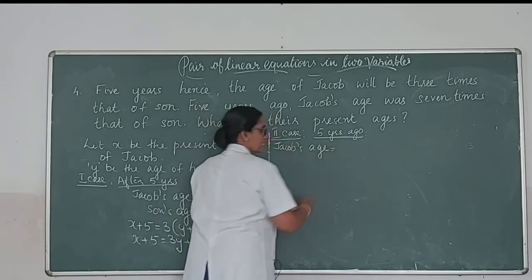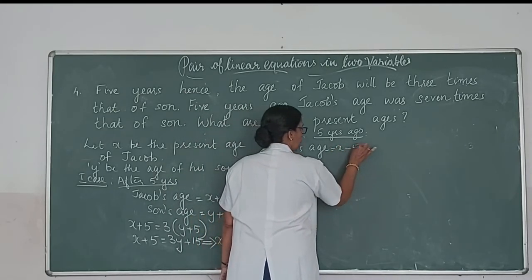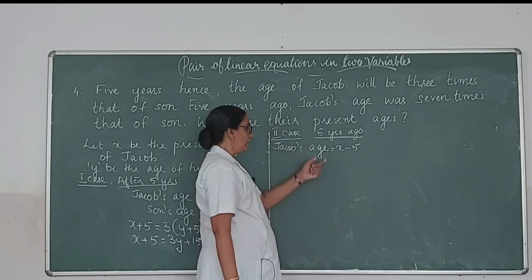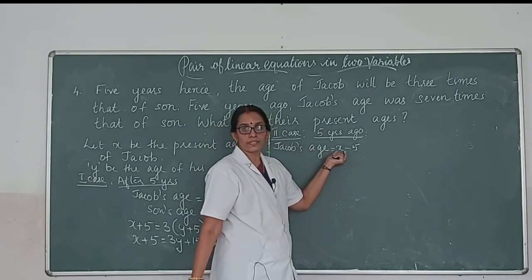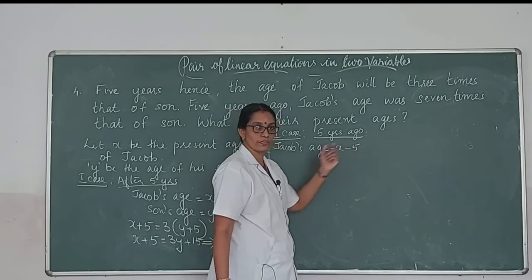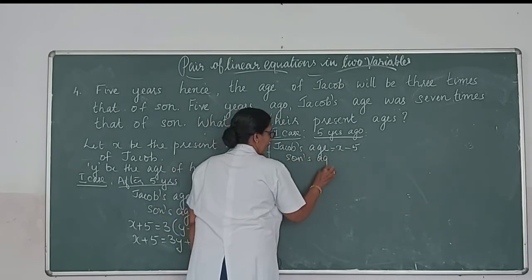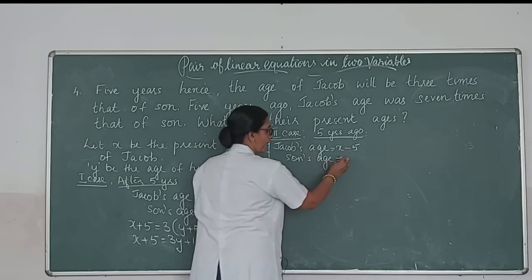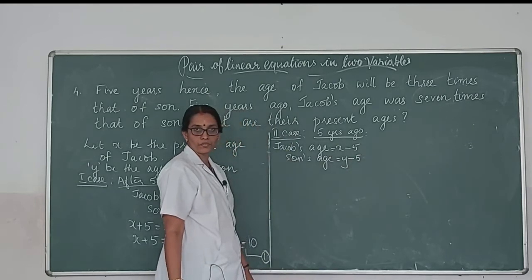Present age is x. So 5 years ago, x minus 5. Don't take it as 5 minus x. Present age is x. From that we have to subtract 5. So x minus 5. And what is son's age? Son's present age is y. So before 5 years, y minus 5.